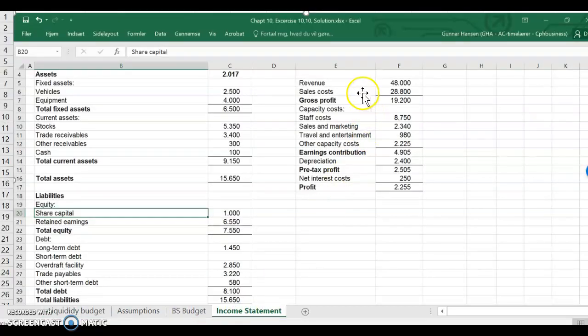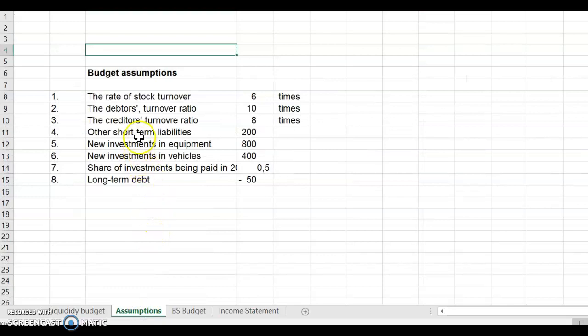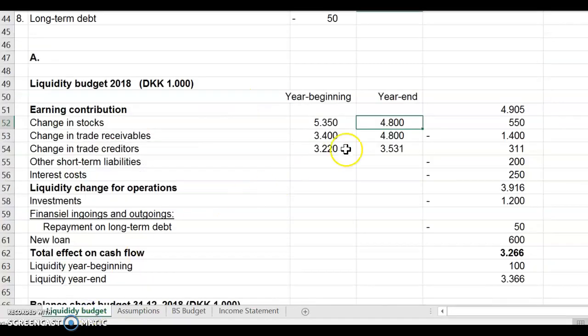Here we take our total cost of goods sold and divide by the turnover, and as we can see here, the stock turnover is 6 times. So here we have this, you can see here, it is 28,800 divided by 6.